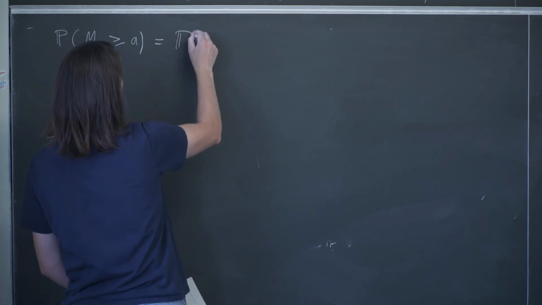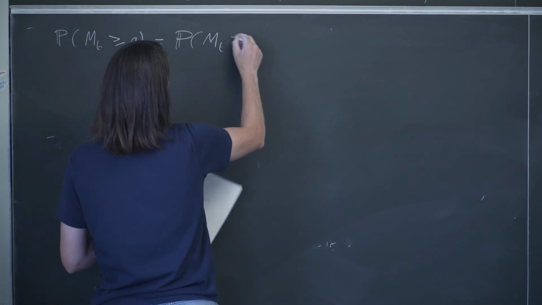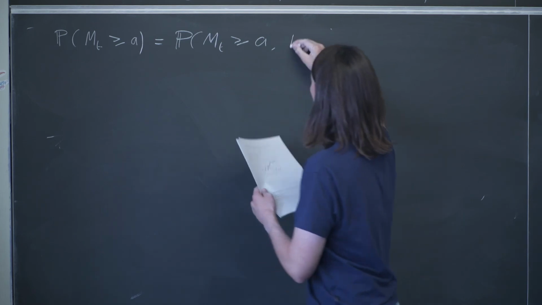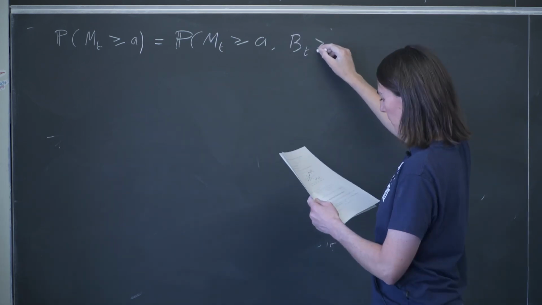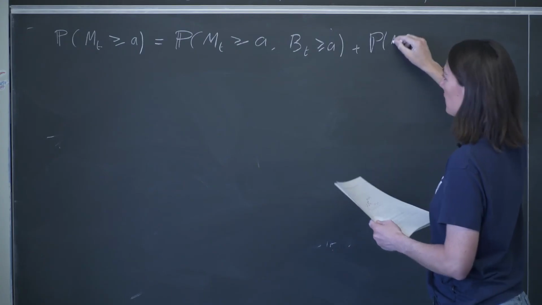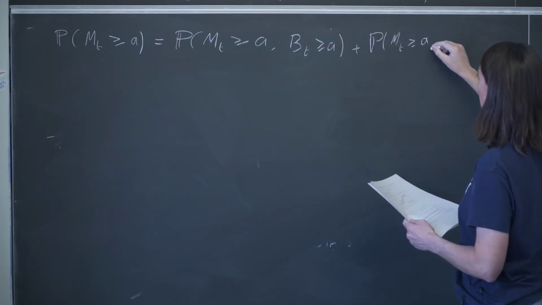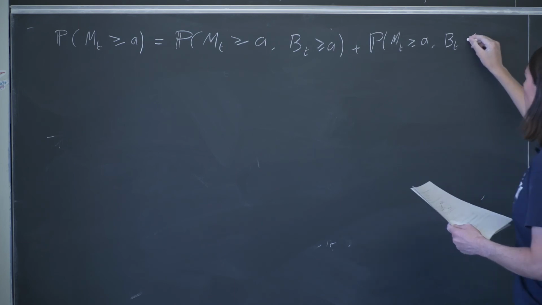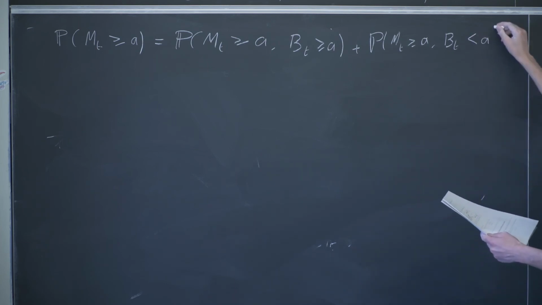Well, we can write this as the sum of M_T being bigger than a and B_T being bigger than a, plus M_T being bigger than a and B_T being less than a.